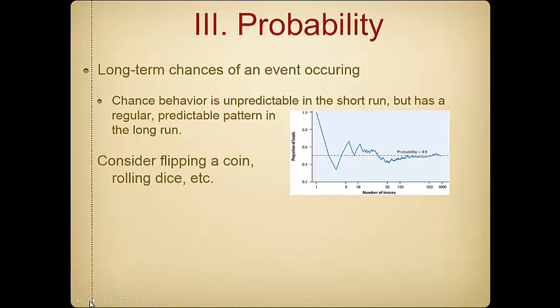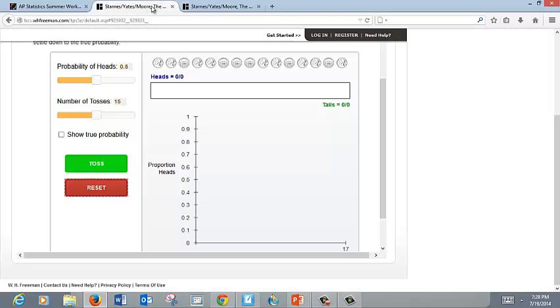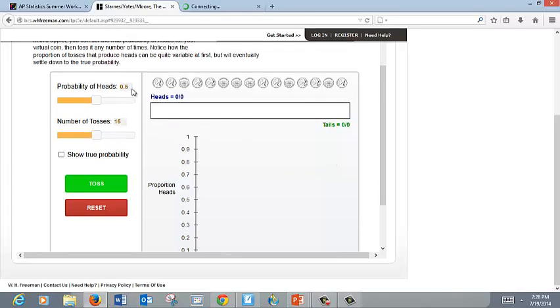And to show this, we're going to go to this app that's on our textbook website that simulates flipping a coin. So here I'm going to set the probability. Of course, it should be 50% chance to get a head or a tail, as long as it's a fair, normal coin.